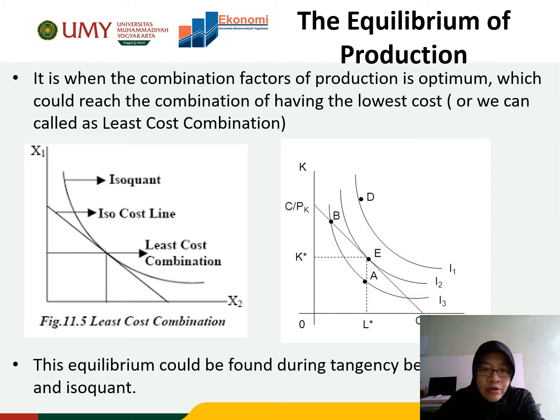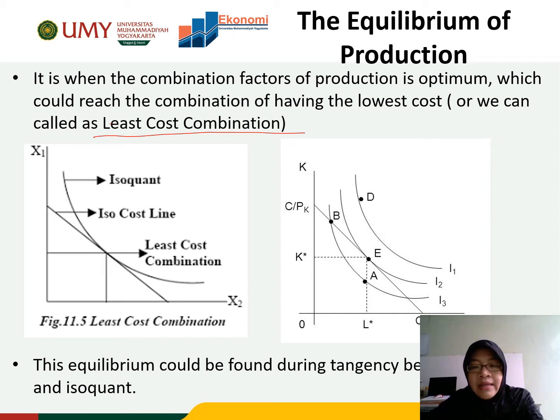What is the least cost combination? The least cost combination is the point where you can recognize which production can give you the optimum benefit, which is the least cost that can produce.